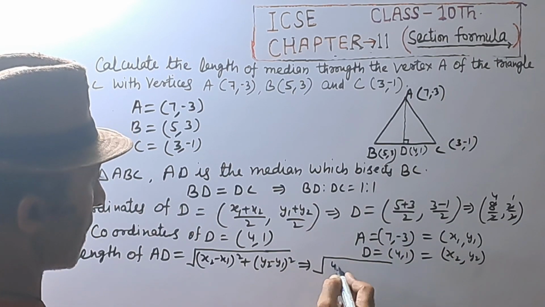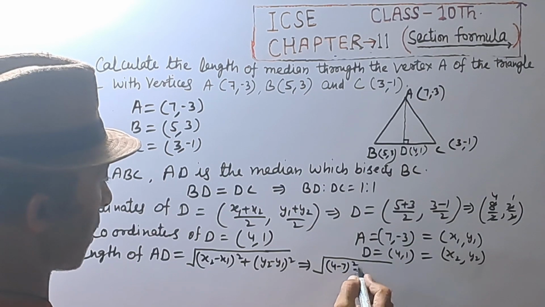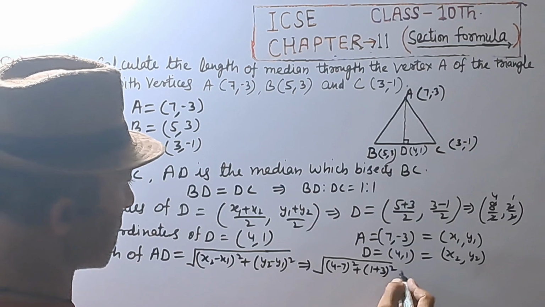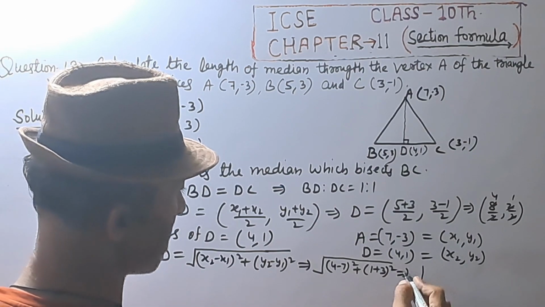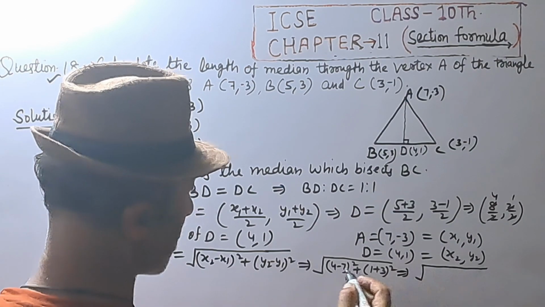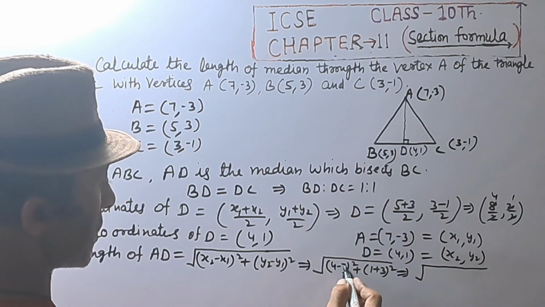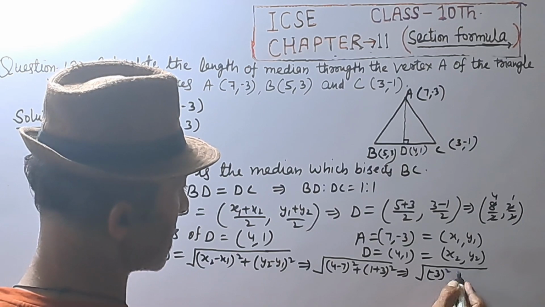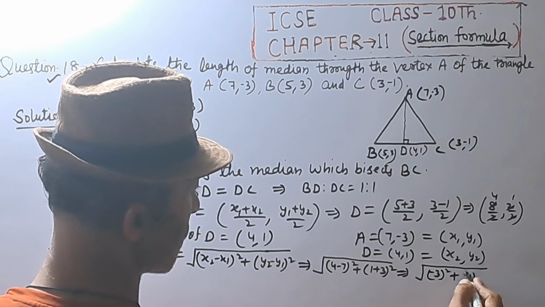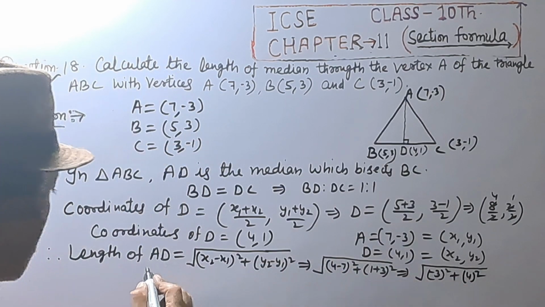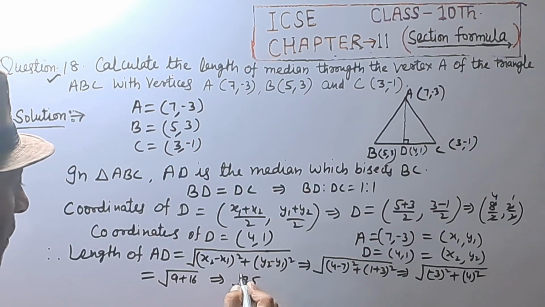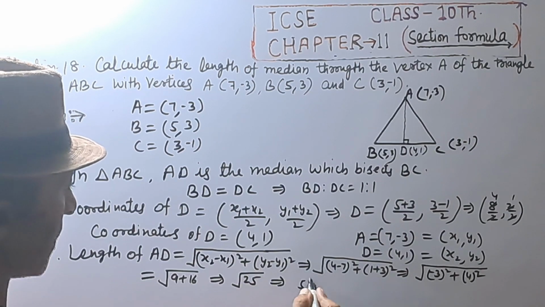x2 is 4 minus 7 raised to power 2 plus 1 minus (-3) squared, which implies minus 7 plus 4, that is equal to (-3) square plus 4 square, that is equal to 3 3s are 9 plus 4 4s are 16 and root 25, which implies 5.